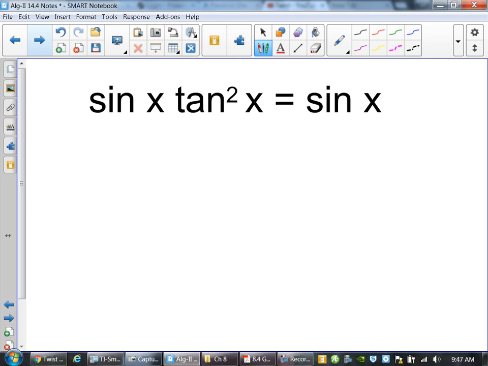So then you just have tangent squared of X equals 0. Oh yeah, so it's the square root of X.